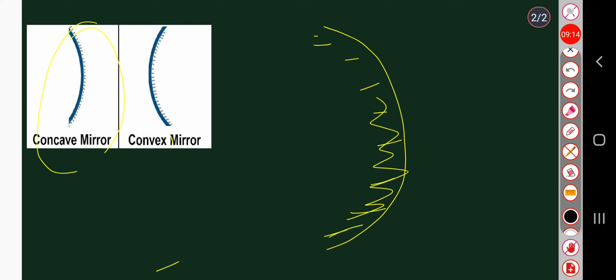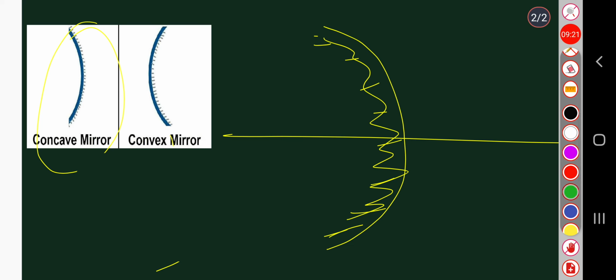This is the silver coating, and the reflection will take place on the outside, meaning at the side of the blue color you can see here. Suppose the light is falling on the mirror, it will reflect like this. Meaning a convex mirror is bent outwards. So don't be confused. You can decide whether the mirror is convex or concave based on the reflecting surface. Okay, have you got it?